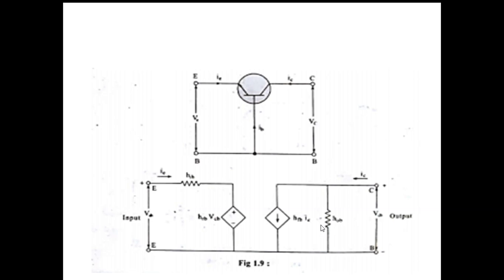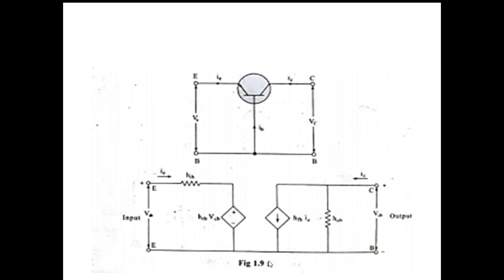Of these four, two are resistances or impedances, and the remaining two are a voltage source and a current source. The transistor is replaced with these four quantities, which are measured by using the hybrid model. Therefore, it is an equivalent hybrid model for the common base configuration or common base transistor amplifier circuit.